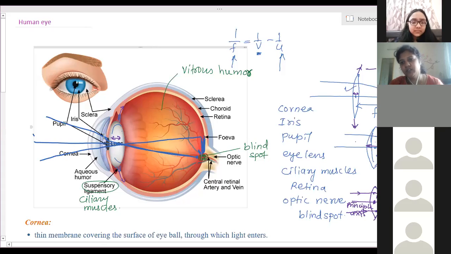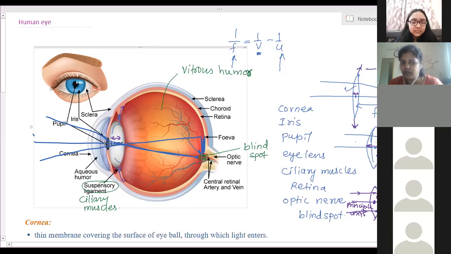The iris muscles regulate the size of the pupil, and they are attached to the pupil. If the muscles contract, the size becomes small, and if the muscles relax, that means they move outward, the size will increase. Clear? So the iris muscles help in regulating the size of the pupil.